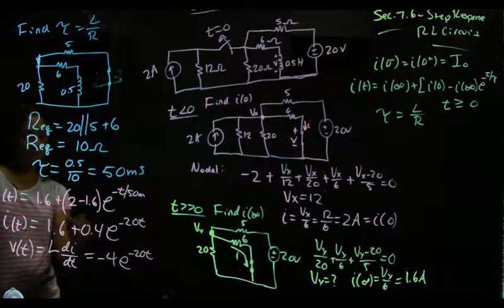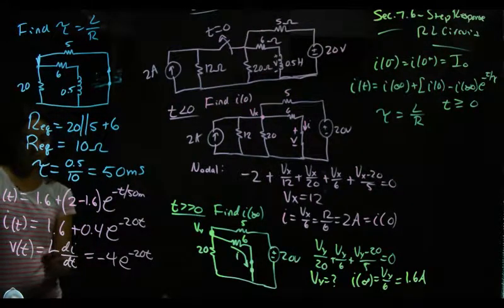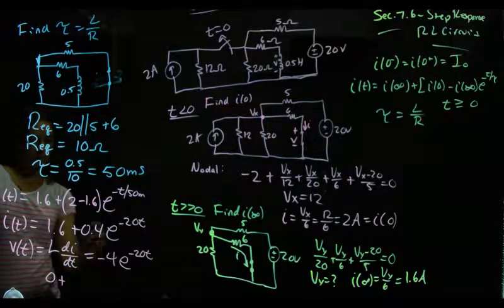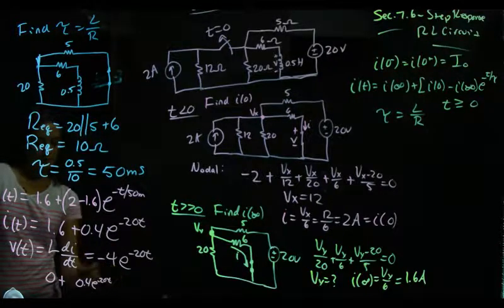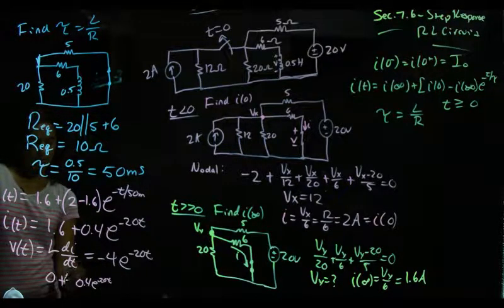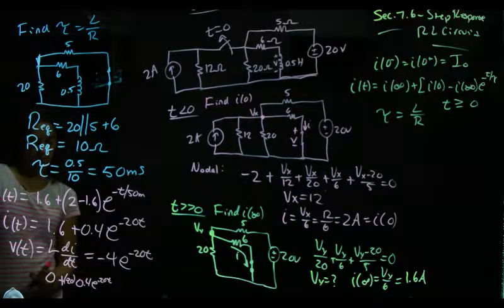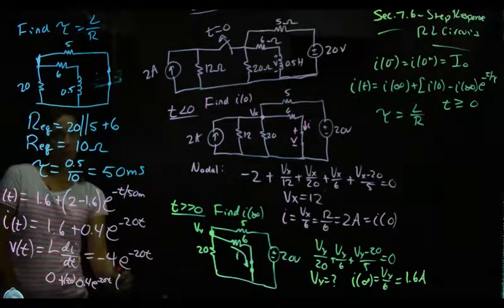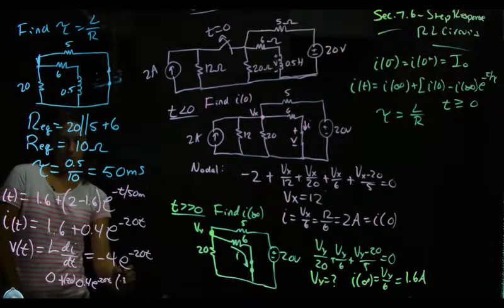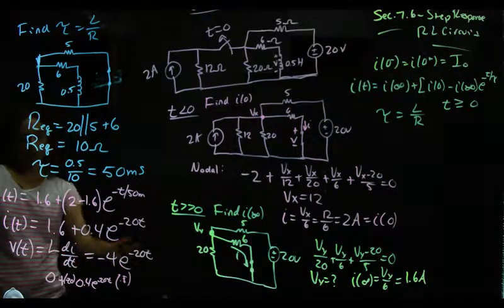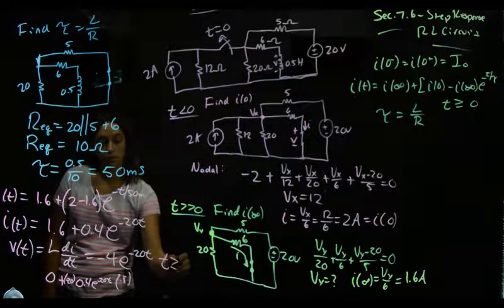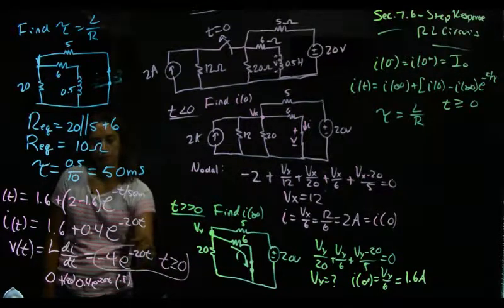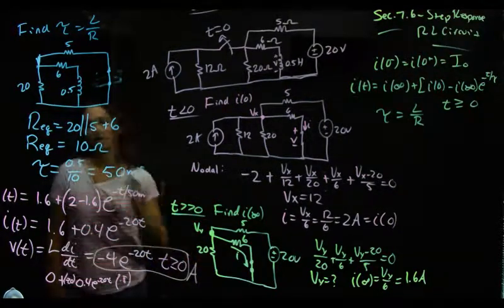So derivative of this with respect to t would be 0 plus this hangs out. And we multiply it by minus 20. And then we also have to multiply it by our L, which was 0.5. So there's where we get our minus 4. And we should do t greater than or equal to 0. Amps. I always forget that part.